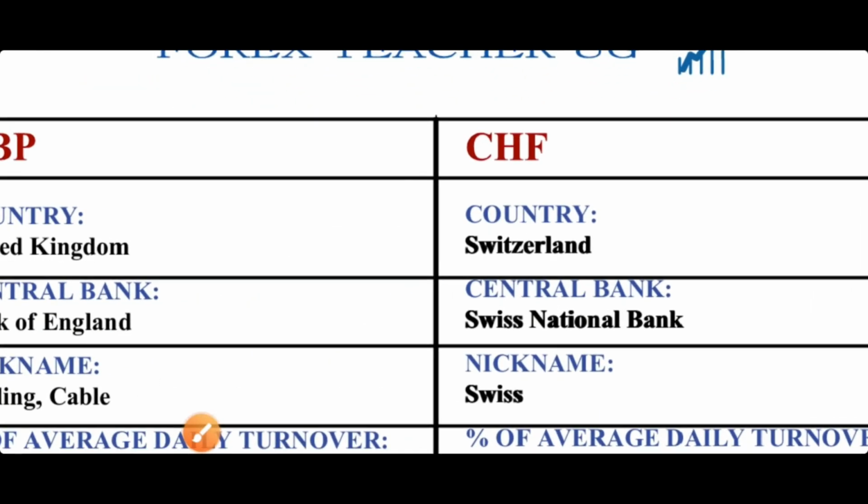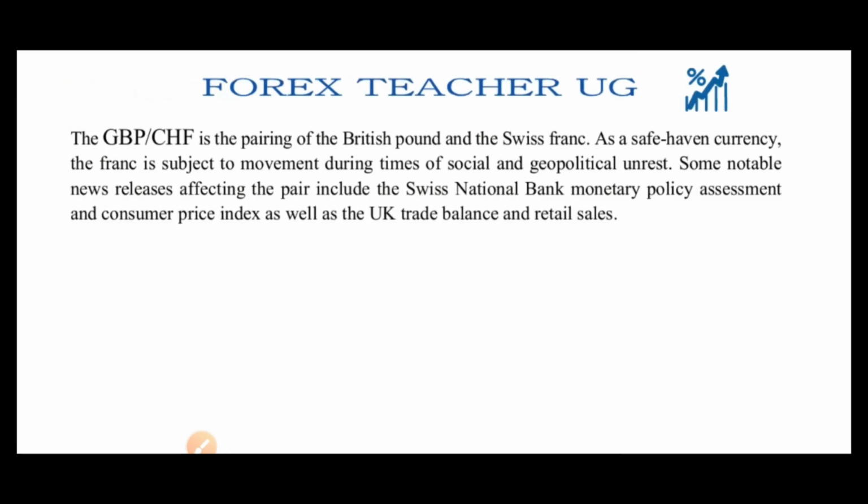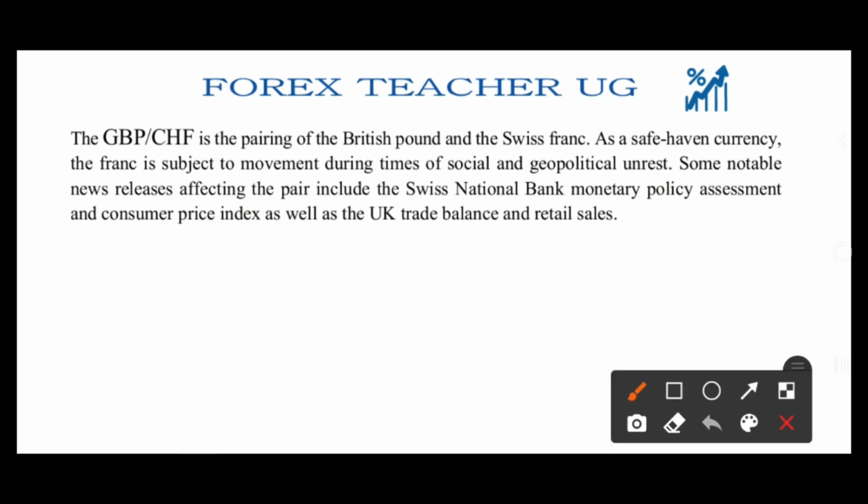So when we look at the further detail, it's the same as how we have been looking backwards: the country of GBP and CHF, the bank, the nicknames, and the average daily return. So let's talk about the GBP CHF, which is the pairing of the British pound and the Swiss franc. Also we know that this is a safe haven.